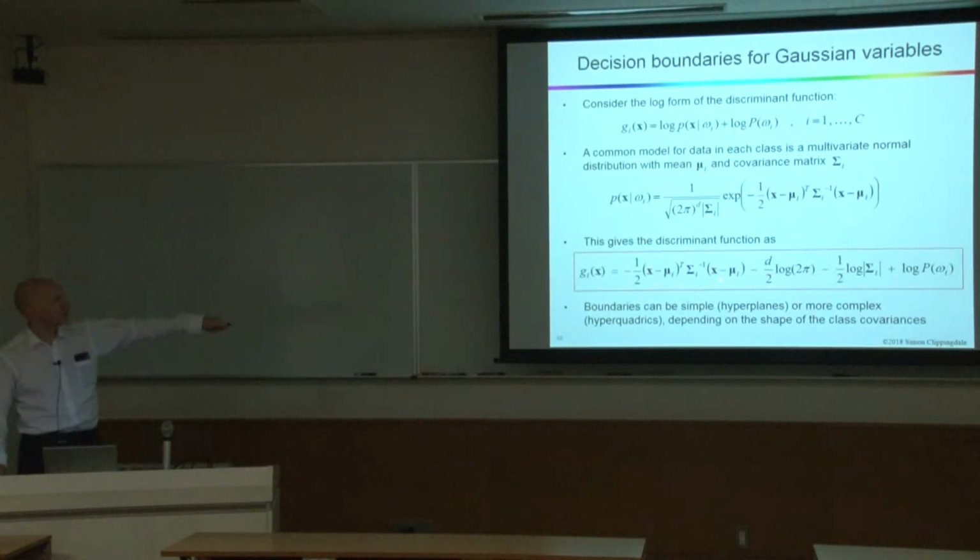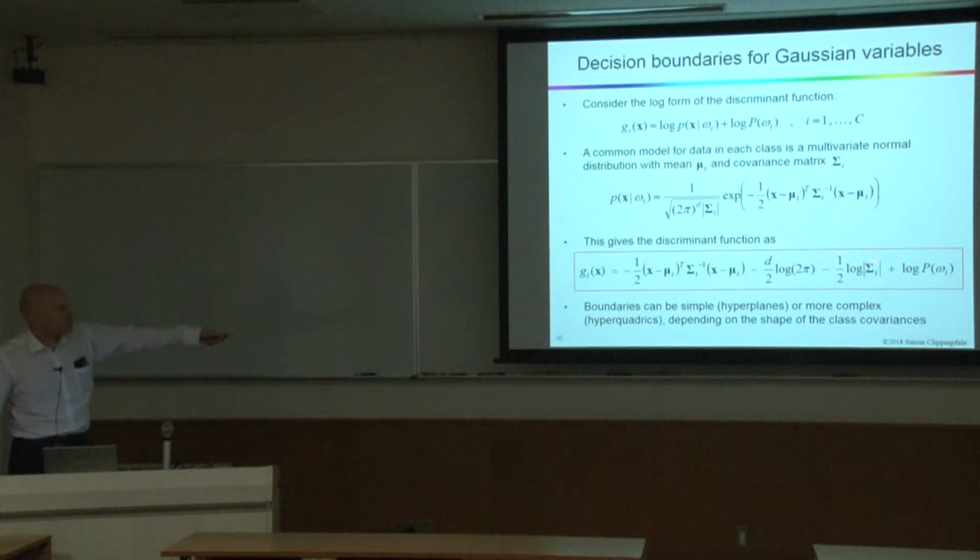This quadratic product comes straight from here. The log gets rid of the exponential, those cancel out. This constant comes from here, and this is the same for all classes, so you can forget about that when you're trying to decide which class your data has come from.